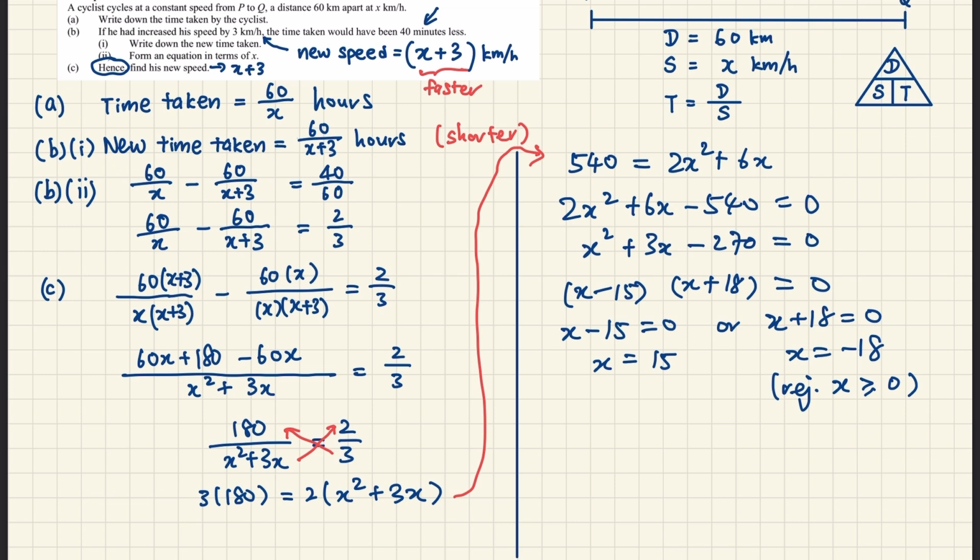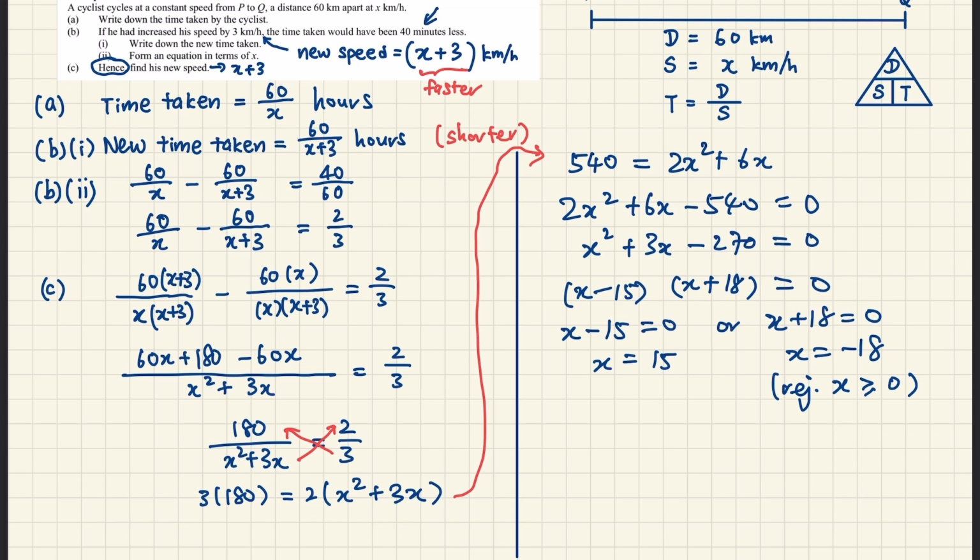But in this case, this question says hence find the new speed, so you're directly going into the solution with a context, and you will need to reject it immediately. So for some situations you don't immediately reject, for some situations you reject. It hinges on whether the question is asking you to solve for the numerical value, or solving for speed, which has a certain context of being basically non-negative.